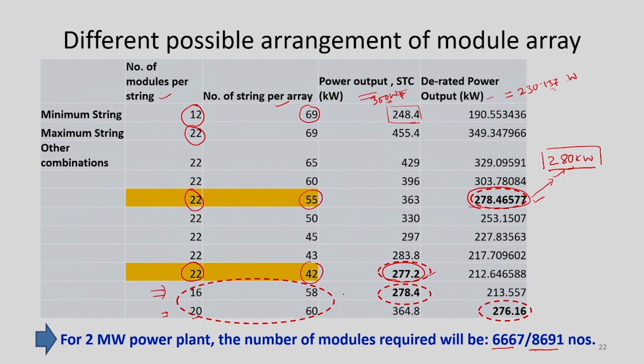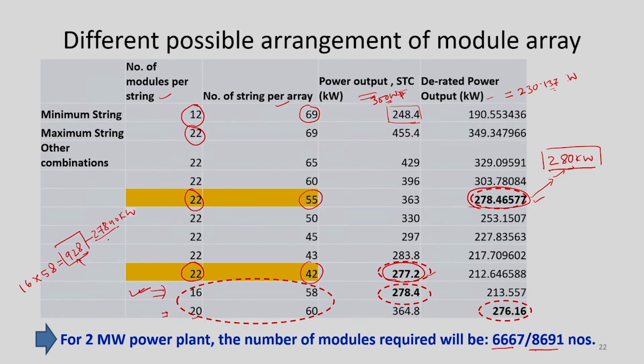For example, in this case 16 multiplied by 58 is equal to 928. So that many modules are required for this combination, and this gives about 278.4 kilowatt. So, for 278.4 kilowatt power output, we need about 928 modules.